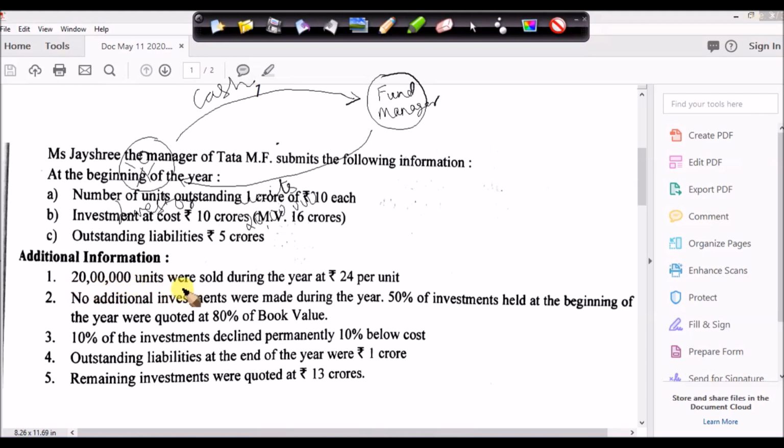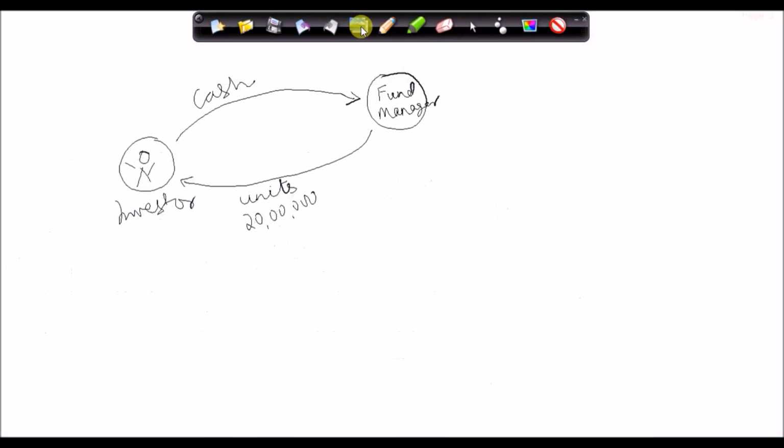So 20 lakh units were sold during the year at 24 per unit. So it will be 4 crore 80 lakhs. So the fund manager is going to receive 4 crore 80 lakh rupees. So this will be the cash position.